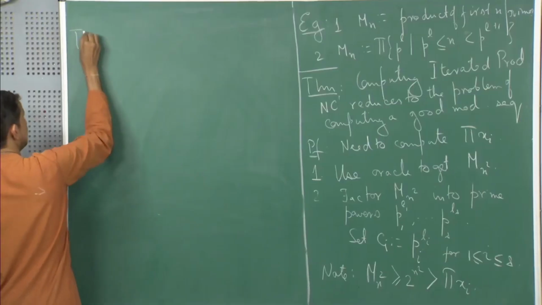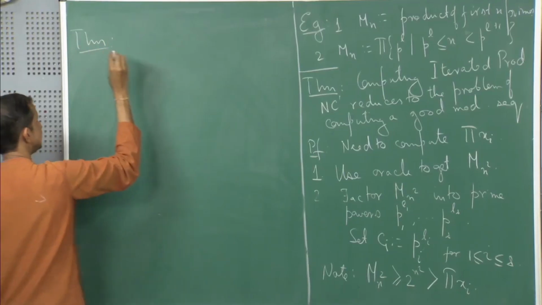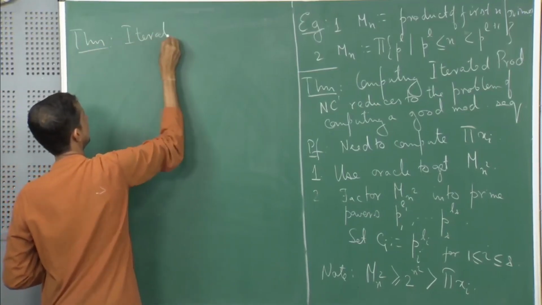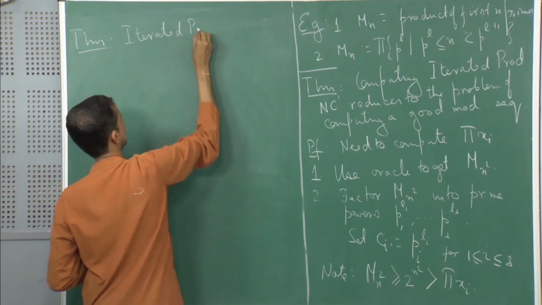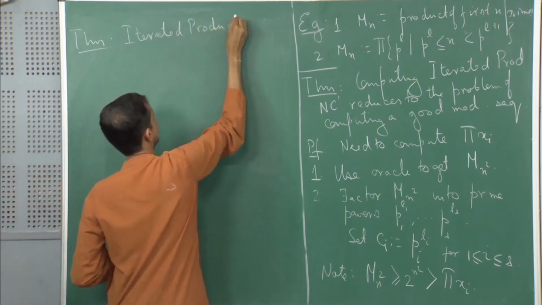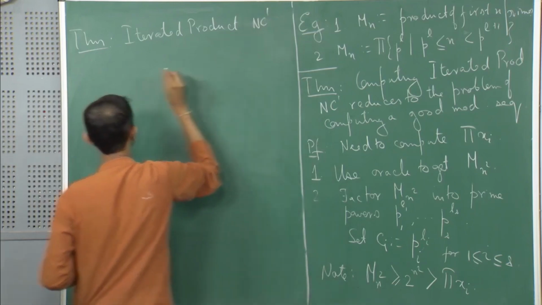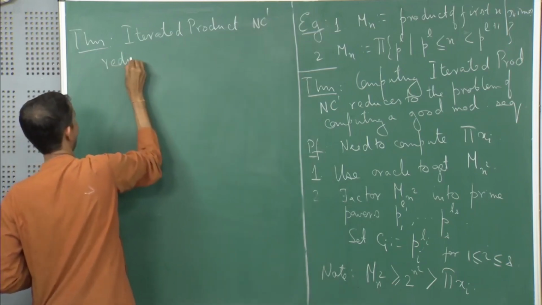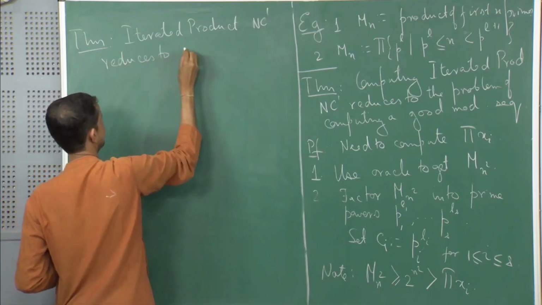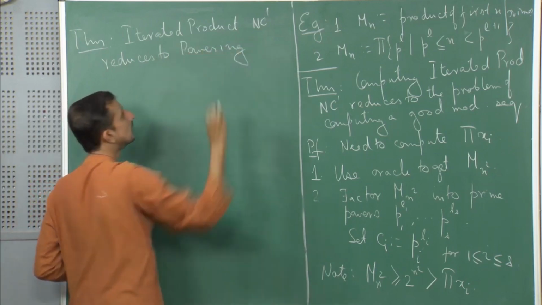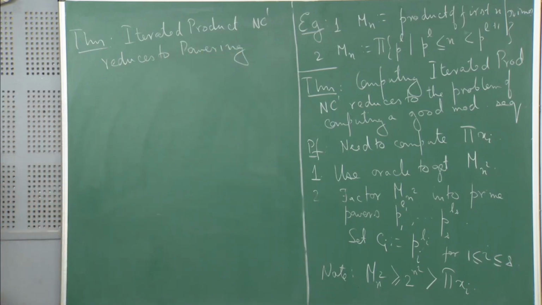So the next result that we will see is that iterated product, NC1, reduces to powering.